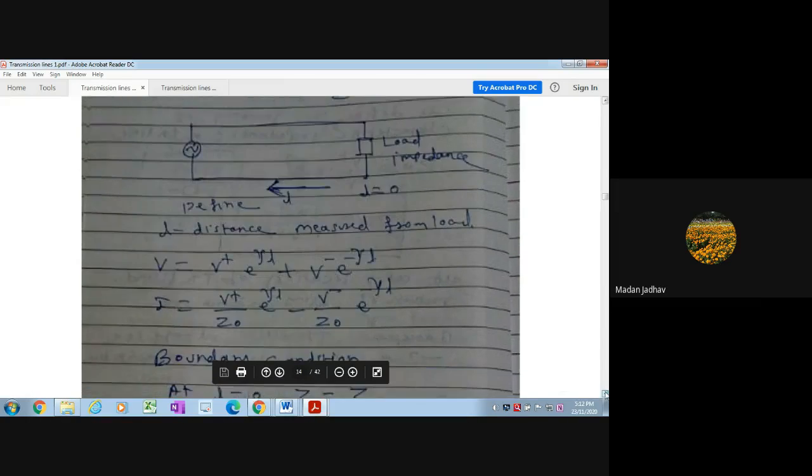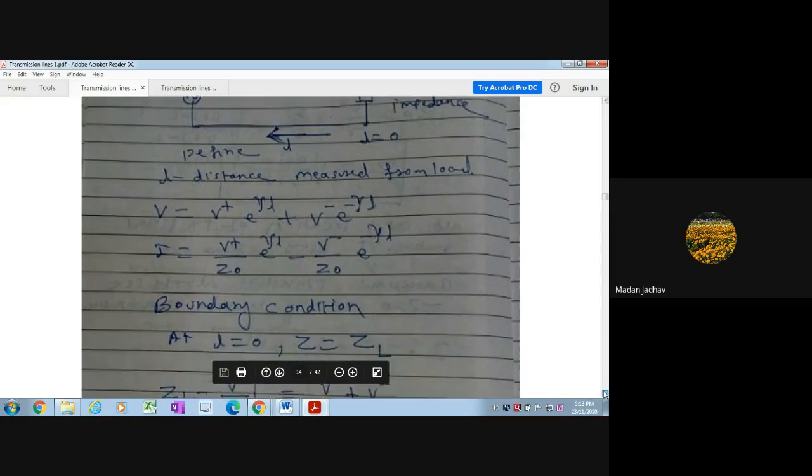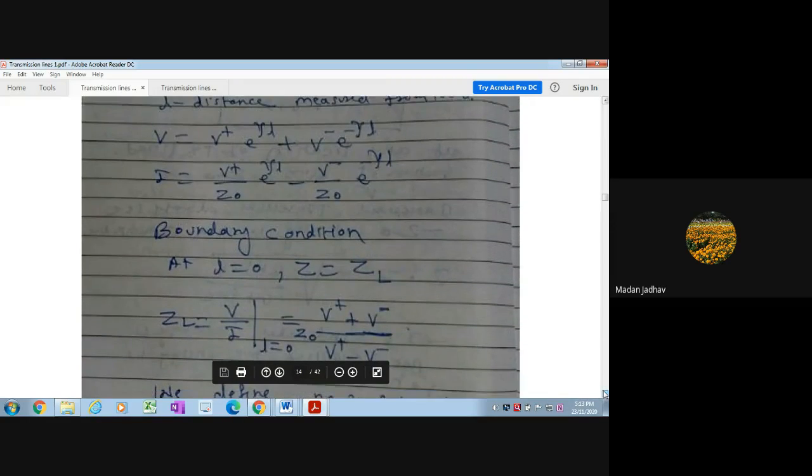Gamma is nothing but the propagation constant of the transmission line. Now I is equal to V plus divided by Z naught times e to the power of plus gamma L minus V minus divided by Z naught times e to the power of minus gamma L. Now this is the characteristic impedance, and the equations for the voltage and the current along the transmission line.